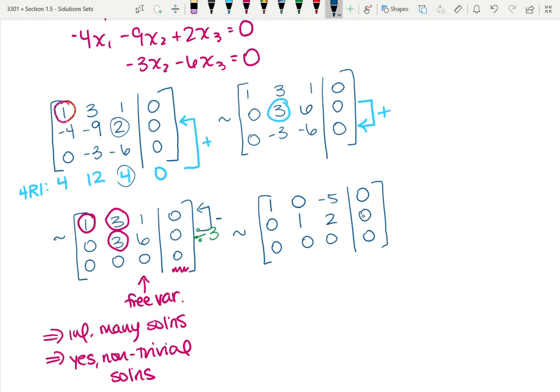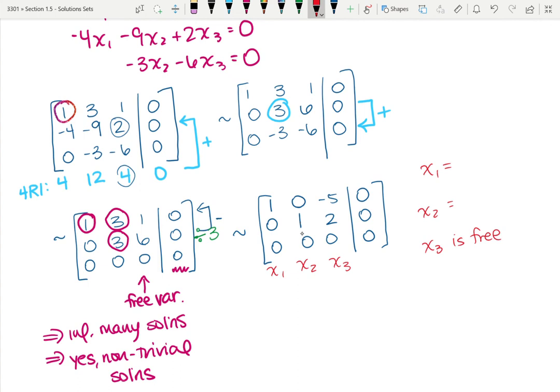Okay, so what we've done thus far is write out our solutions like x1 equals this, x2 equals this. In this case, x3 is free. Remember, these columns correspond to x1, x2, x3. So x3 is free. It can be any real number. x2, I'm going to go ahead and solve for that.